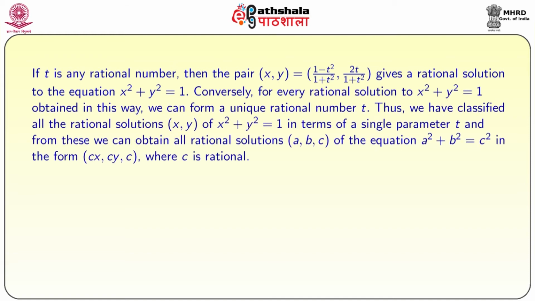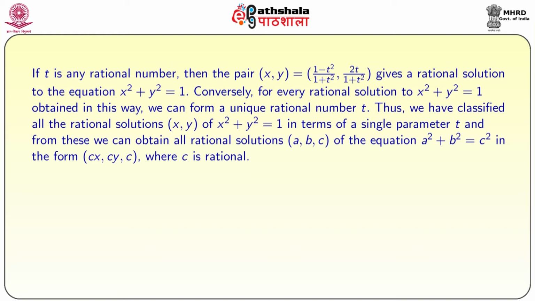Conversely, for every rational solution to x square plus y square equal to 1 obtained in this way, we can form a unique rational number t. That means there is a one-to-one correspondence between the rational numbers and the rational solutions to x square plus y square equal to 1.